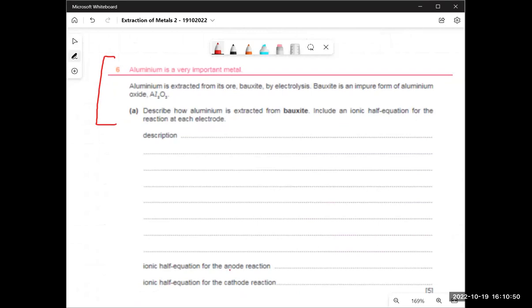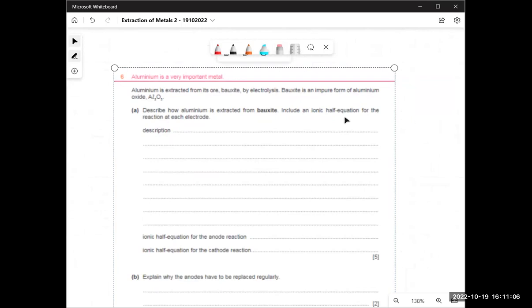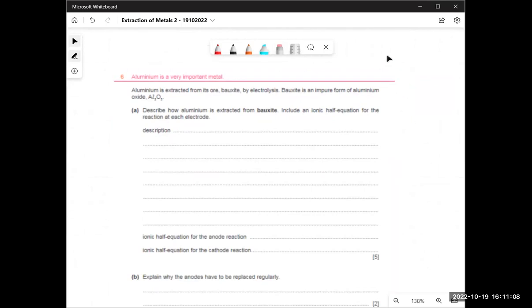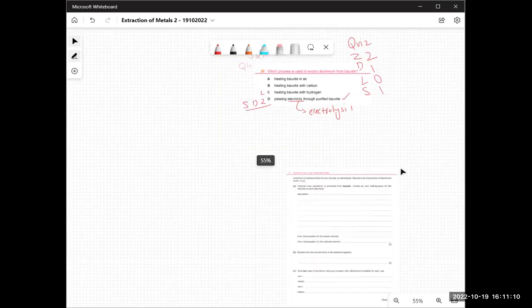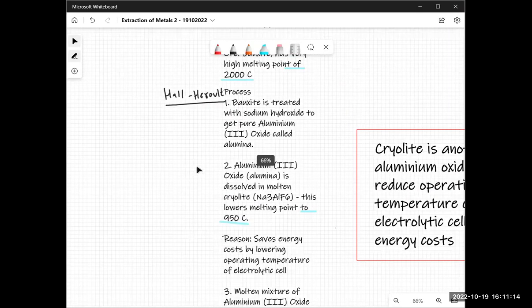Describe how aluminium is extracted from bauxite. Include an ionic half equation for the reaction at each electrode. Now, how do we answer the question? I have to use the points which we know already, right? There are 3 steps. Read the first step, Zahra. What is the first step?